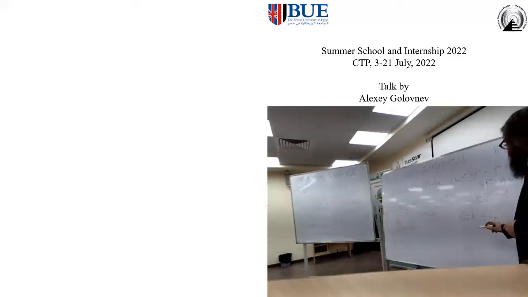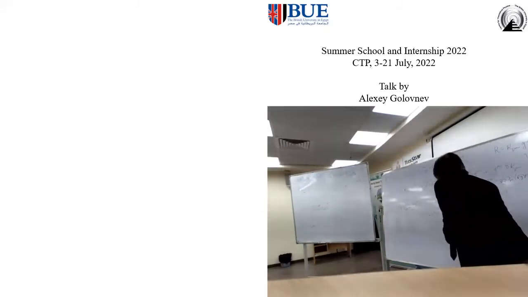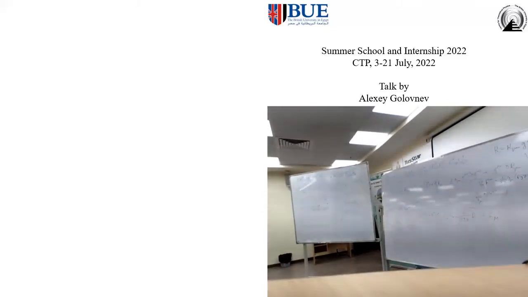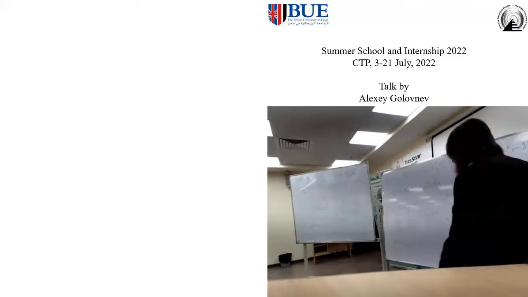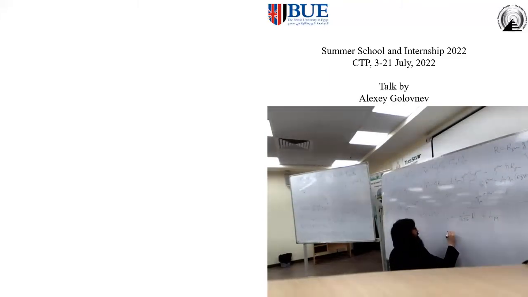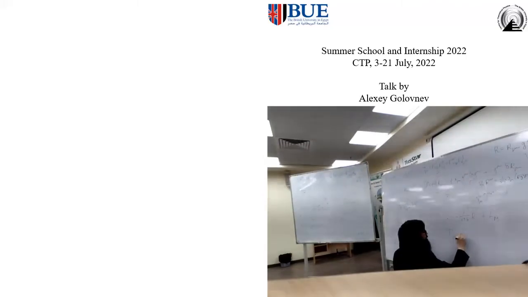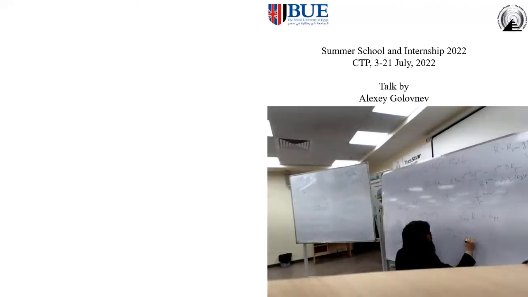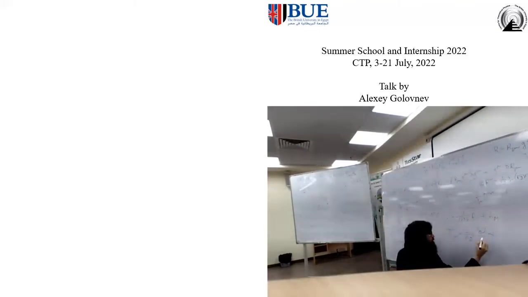That would be my Lagrangian for the theory of gravity with matter. And then we define that the energy momentum tensor of matter is 2 over square root of minus g, the variation of the matter Lagrangian with respect to the inverse metric.